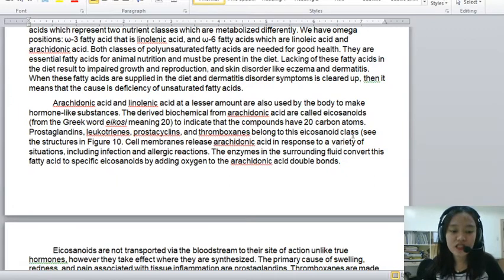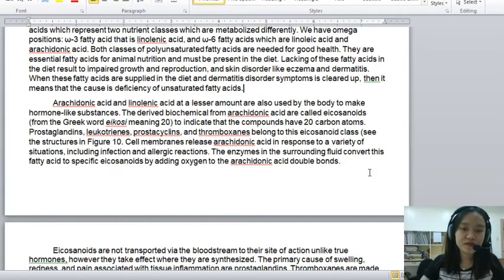Signaling molecules sila na nanggaling sa oxidation ng arachidonic acid, maybe with the use of enzyme or without the use of an enzyme. So you have 4 types of eicosanoids na napoproduce. You have your prostaglandins, leukotrienes, prostacyclins, and thromboxanes.